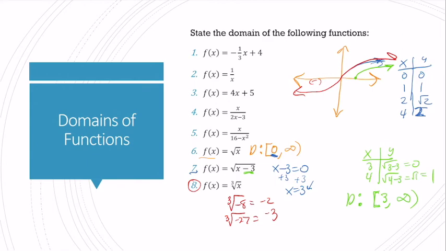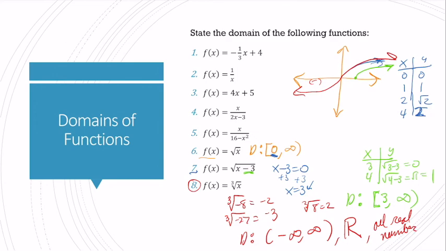So because I can take the cube root of any negative number, and I can also take the cube root of any positive number, my domain is going to be all real numbers. So you can write it like this. You could also write R. You can write all real numbers. They all mean the same thing. It just lets me know that you know what the domain of these functions are.